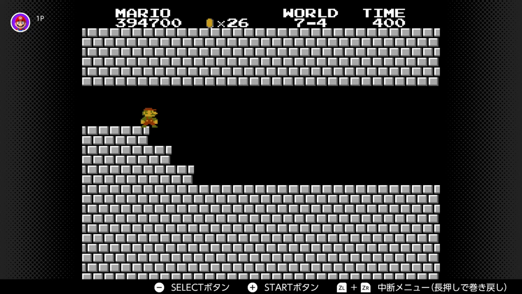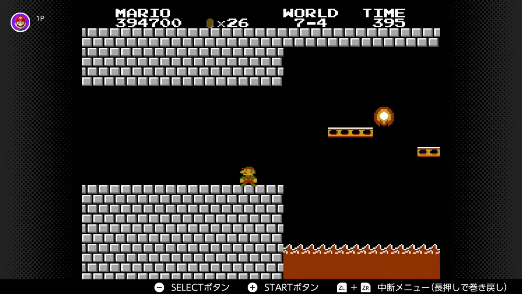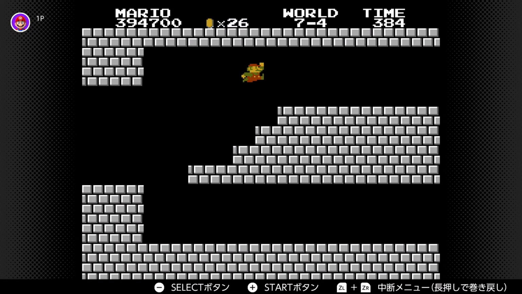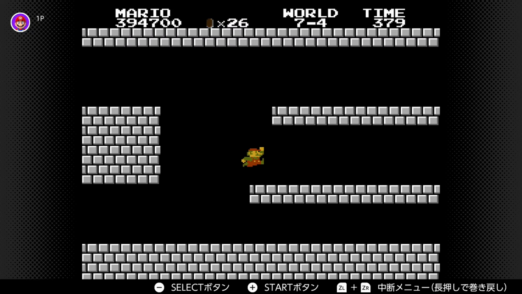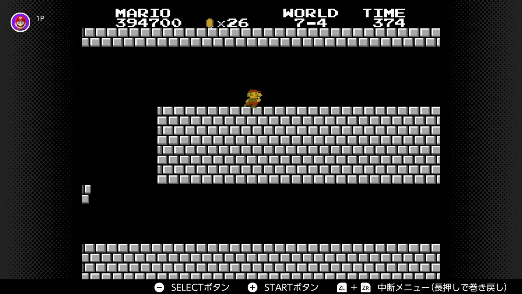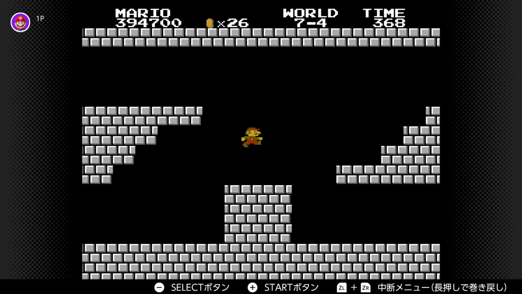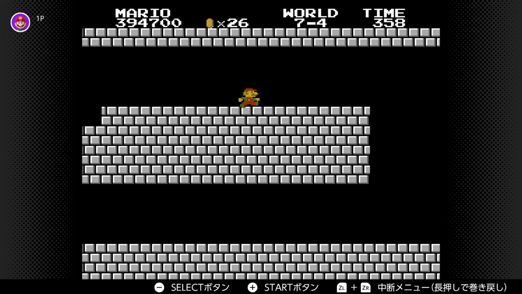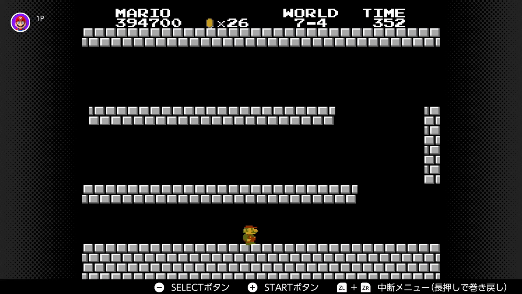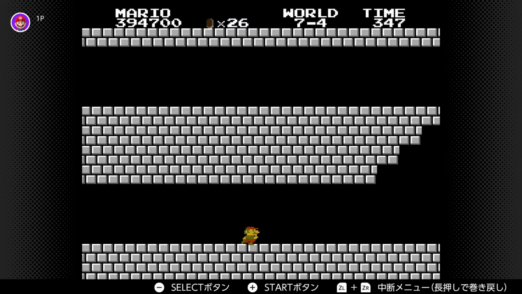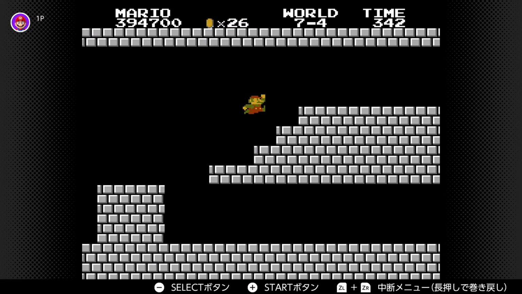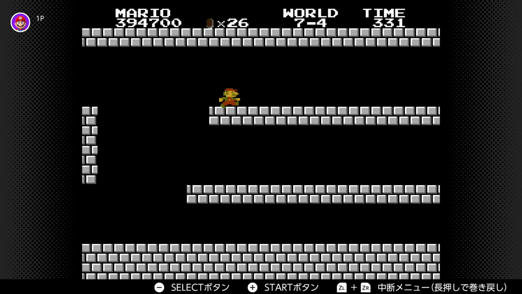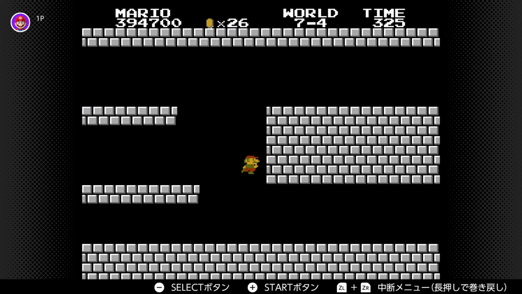World 7-4. Our good old castle. Some platforms to fall. Yeah, again, a labyrinth, I guess. So I guess I'm failing. Okay, let's do it the smart way.